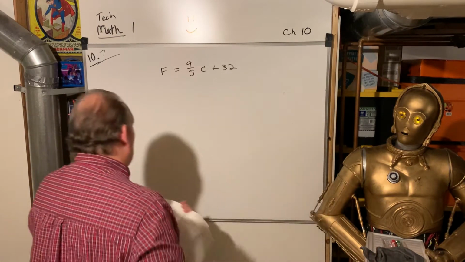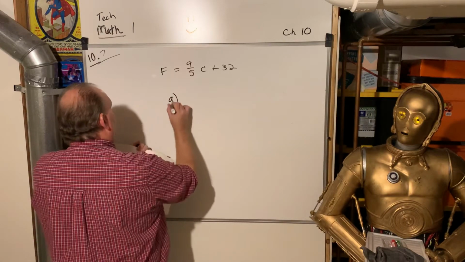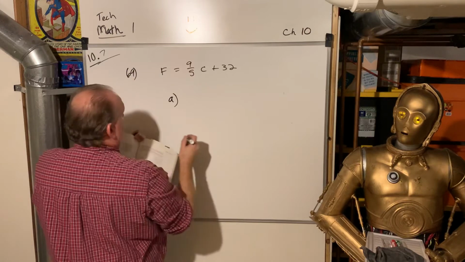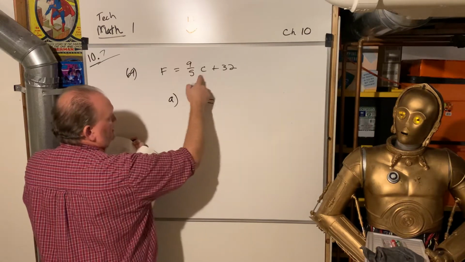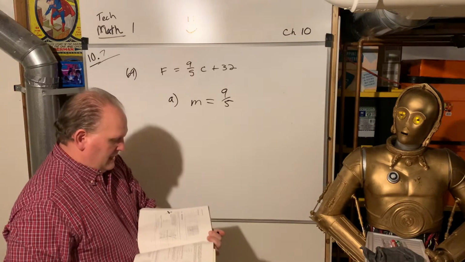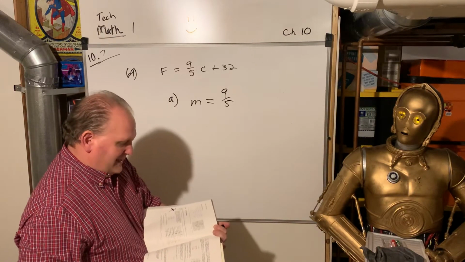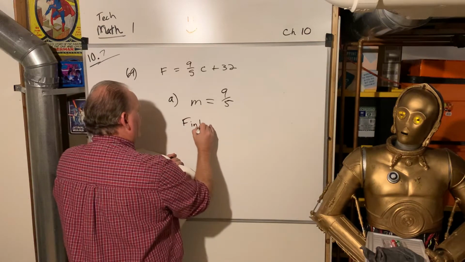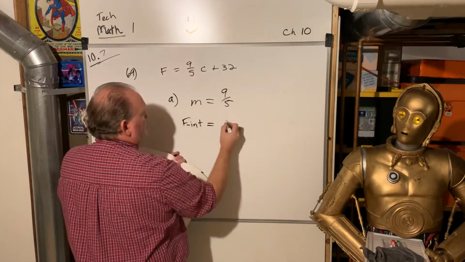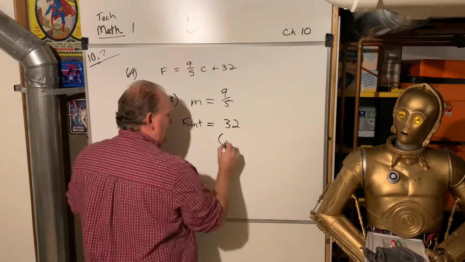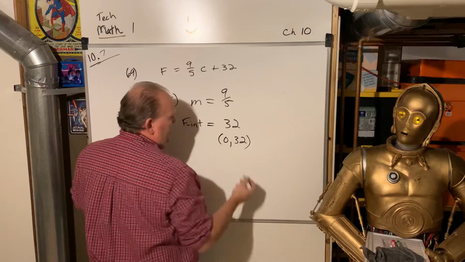This is number 69 on page 448. The slope of the line is the thing in front of the variable, so 9/5. And the F-intercept for Fahrenheit is 32. Or, well, (0, 32), I guess. They want it as a point.